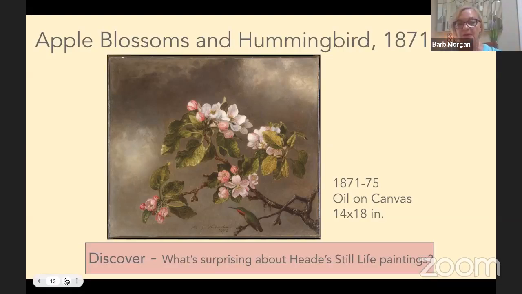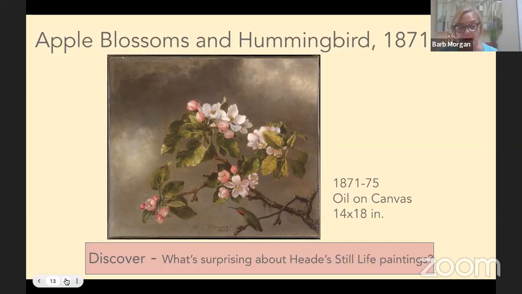So the illumination, he was a luminist, and you can see the light coming through those storm clouds, but look at the light on those apple blossoms. And also the light of, I believe that's called the red-necked hummingbird. I'm just doing that from my own memory. So if anybody knows a different name for that hummingbird when we discuss, feel free to add it. But that is the hummingbird picture there.